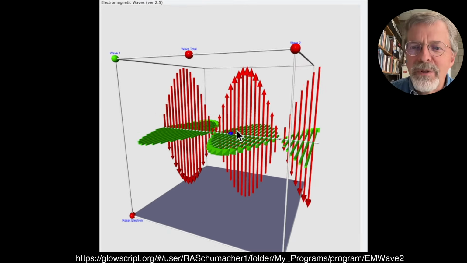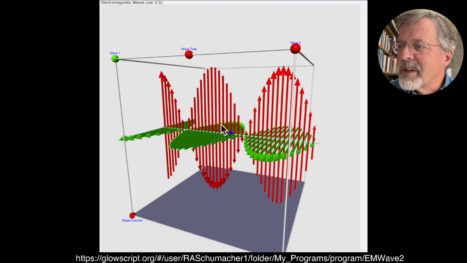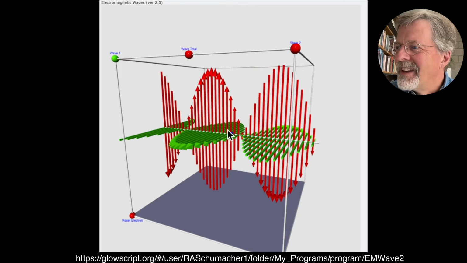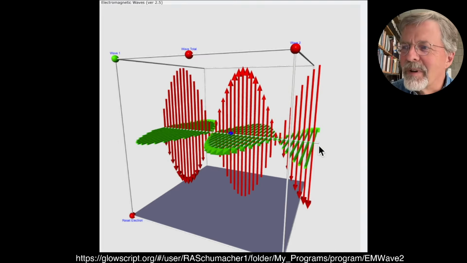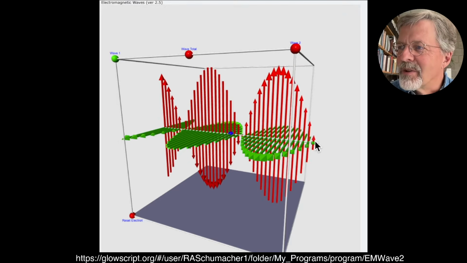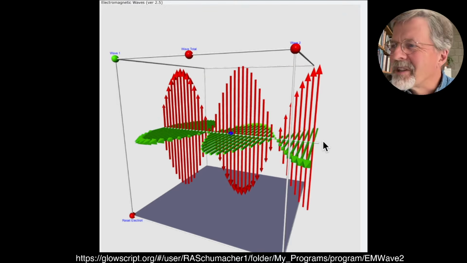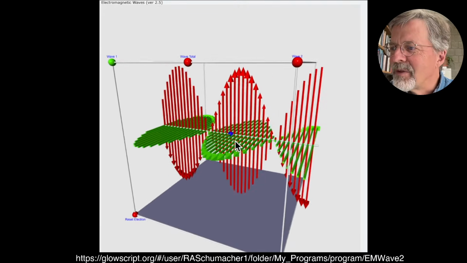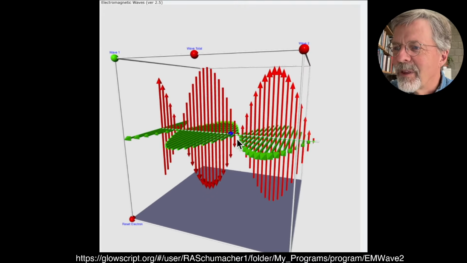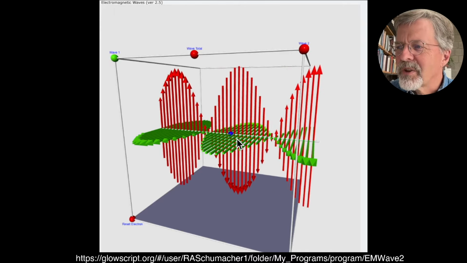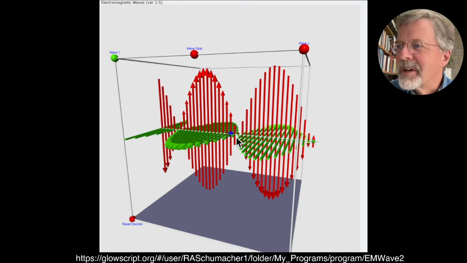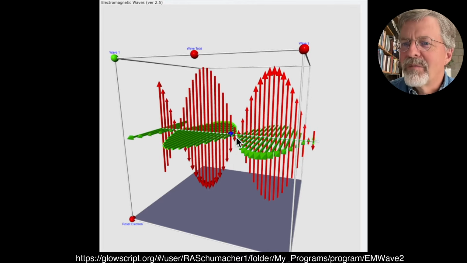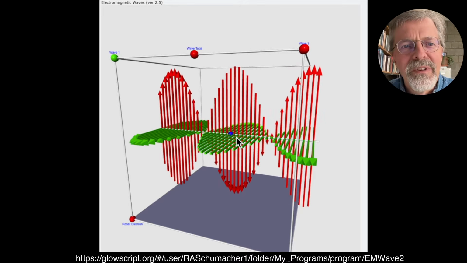And when you have that situation, then the right-hand rule of E cross B gives you the direction of the propagation of the wave. So as time goes by, you can watch the wave propagate and the electric and the magnetic field doing their thing. Okay, so that's the phenomenon of a plane or linearly polarized electromagnetic wave.